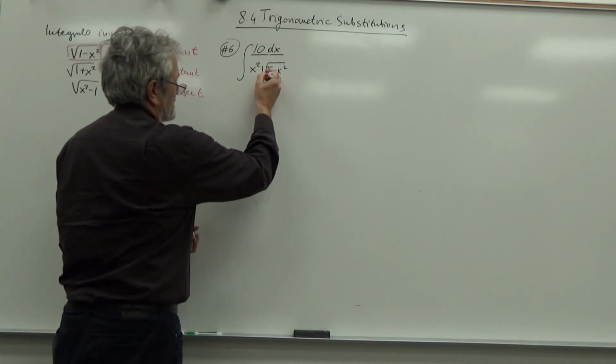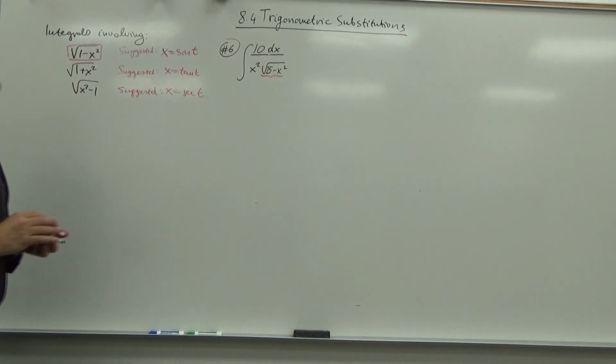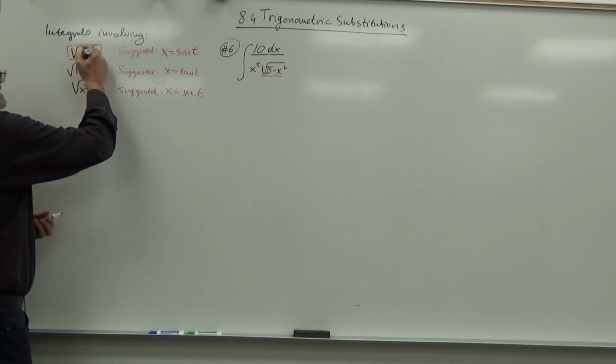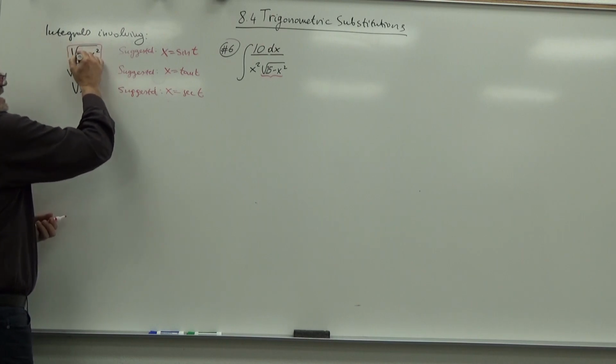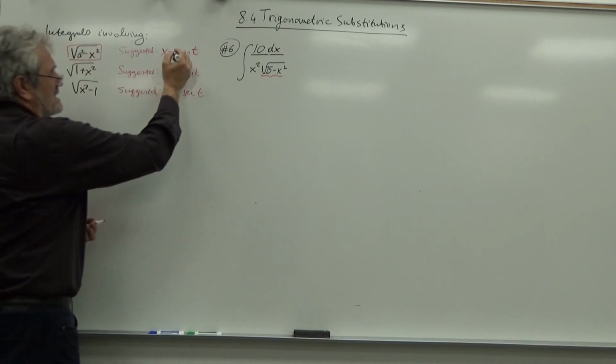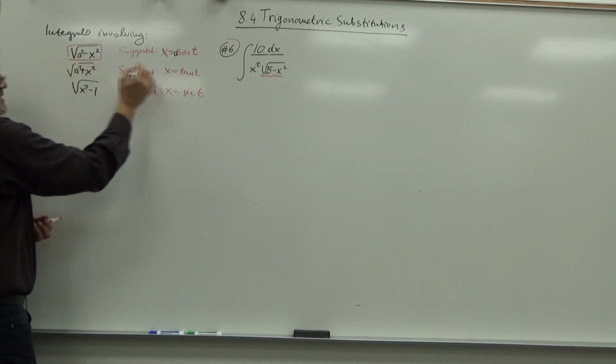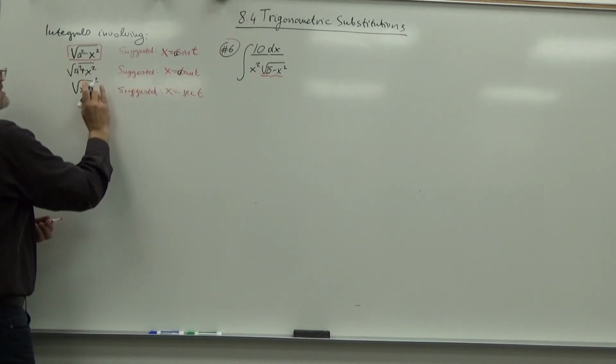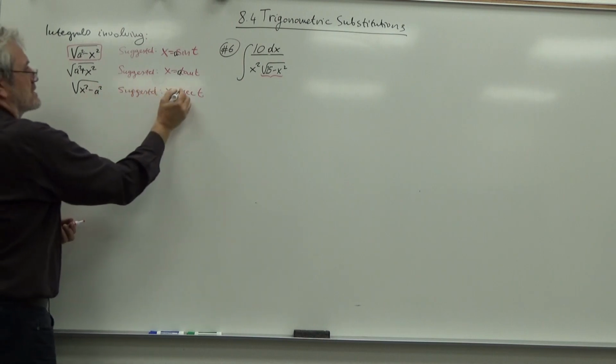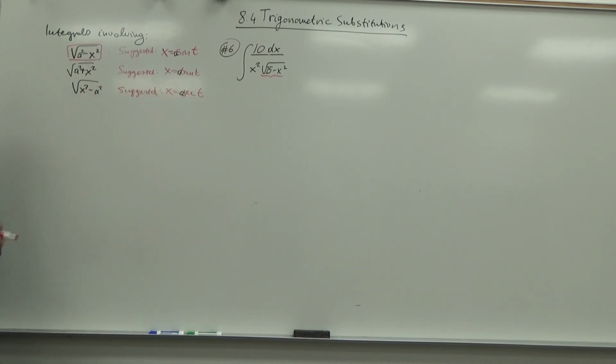You can say, yes, but here we don't have 1 minus x squared. We have 25 minus x squared. Generally, I should probably generalize this. So instead of 1, I put a squared. And then you get the extra a here. And the same thing here, it's minus a squared, you get an extra a. That a is just factored out, so not a big deal.